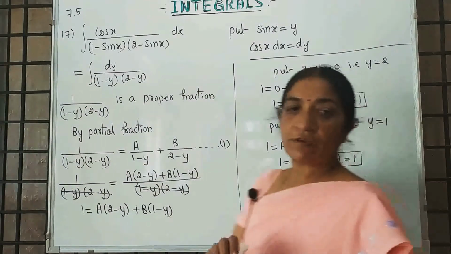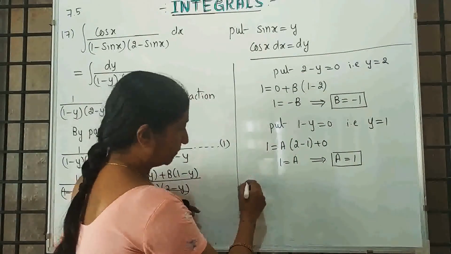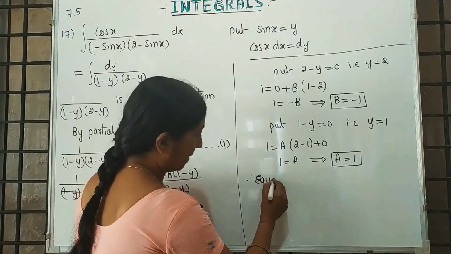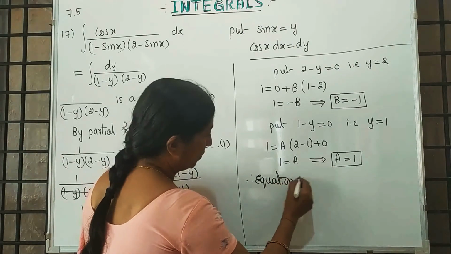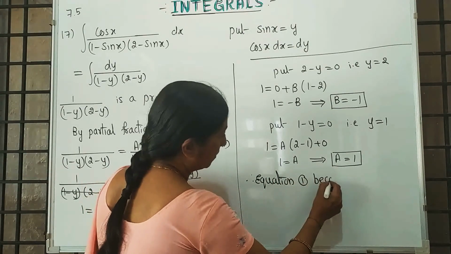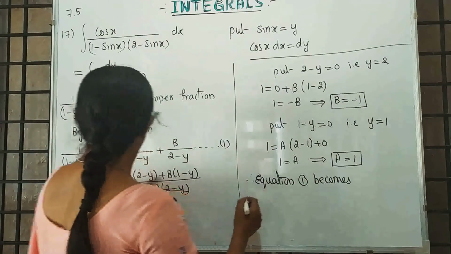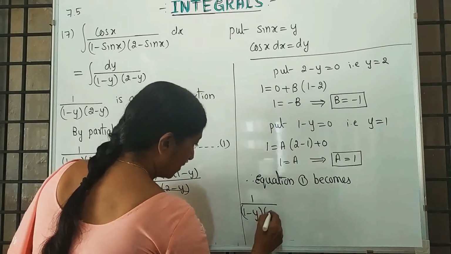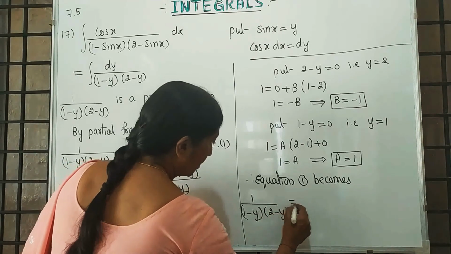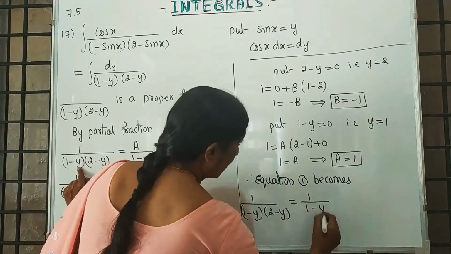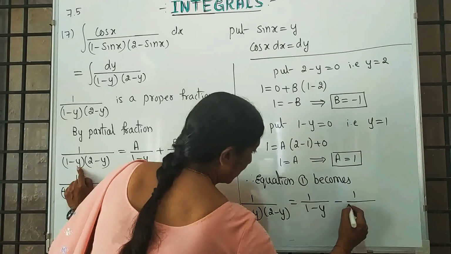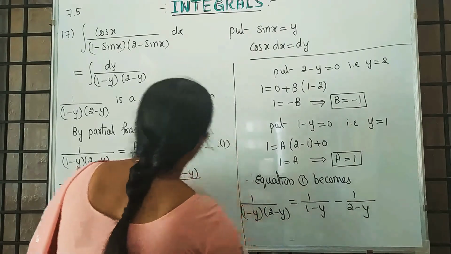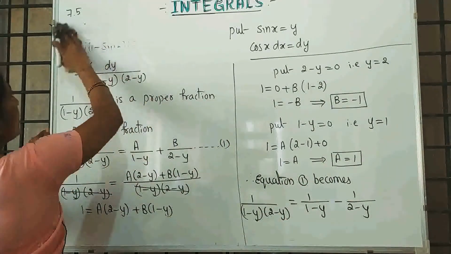Therefore, equation 1 becomes 1 upon 1 minus y into 2 minus y is equal to 1 upon 1 minus y minus 1 upon 2 minus y.